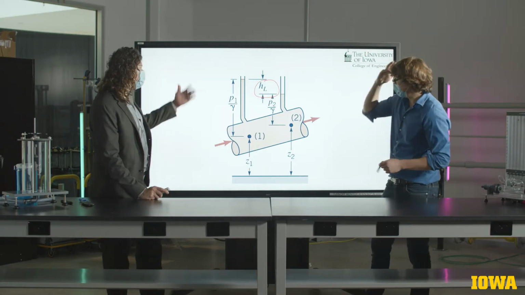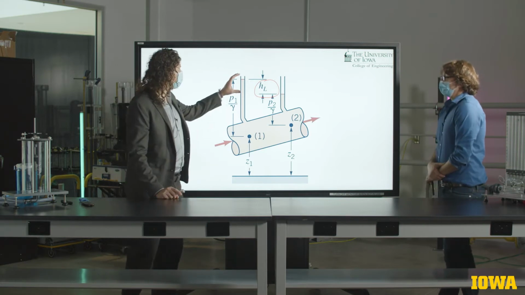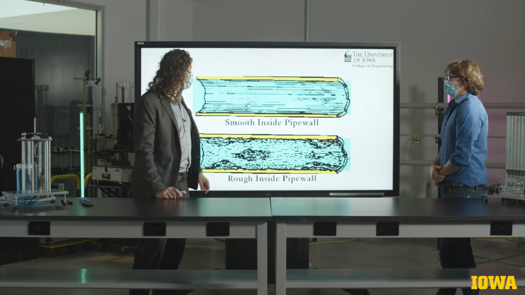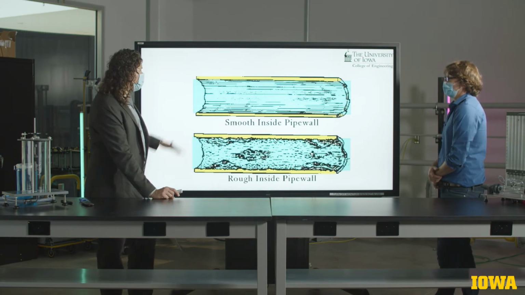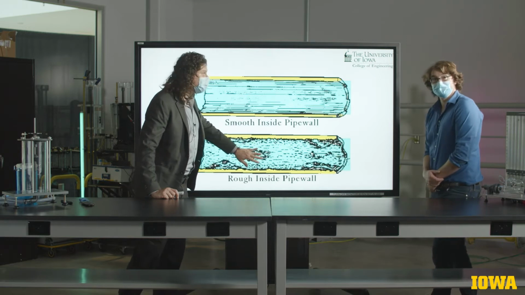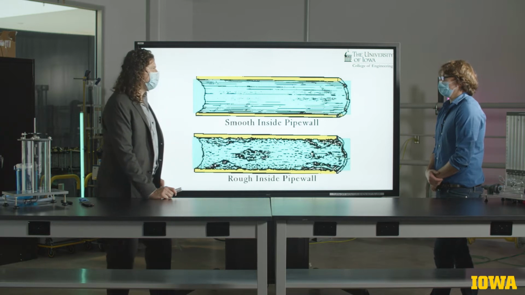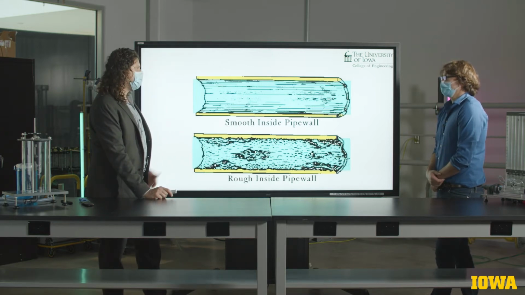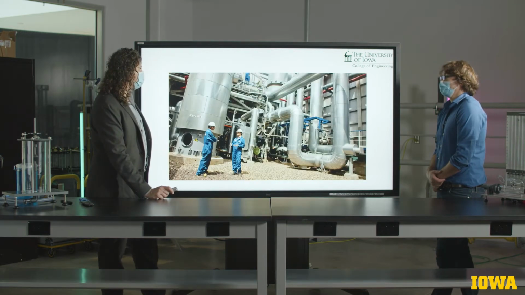Right. So we're going to be using this experimental setup to determine the magnitude of the head losses that happen inside pipes that are relatively smooth and pipes that are relatively rough. So we have those two setups, and we're going to be using our experiment to determine how quickly energy dissipates in these two types of systems.